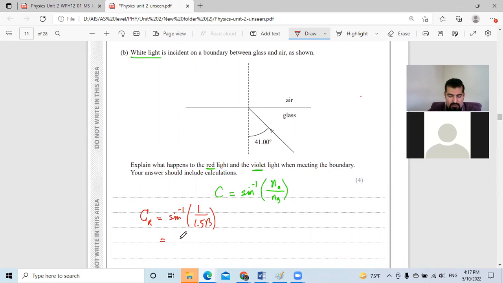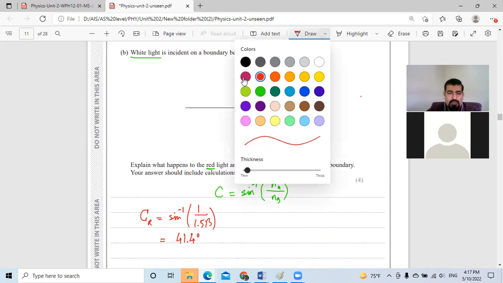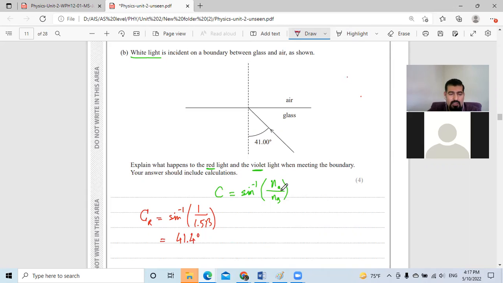Who has a calculator? Okay, it's 41.4 degrees. And for the violet, yes, thank you, Hamza. For the violet, it will be the same thing, but it has a different refractive index.